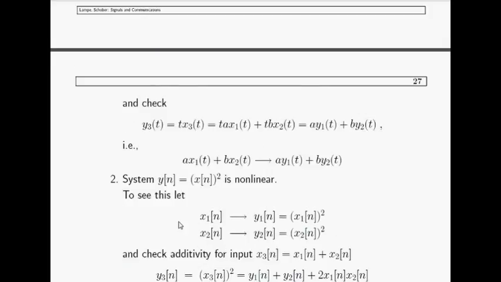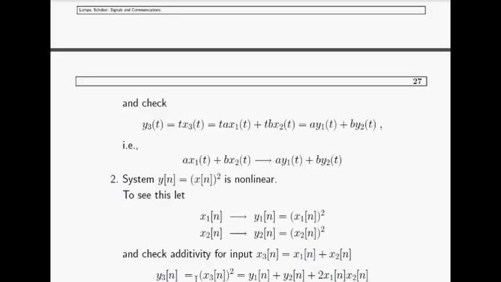Now let's see for this. Now I have taken x1 as the input, then y1[n] equals x1[n] square. If I take x2 as input, then y2[n] is equal to x2[n] square. Now I take x3[n] equal to x1[n] plus x2[n]. Here I have taken the values of a and b equal to 1.